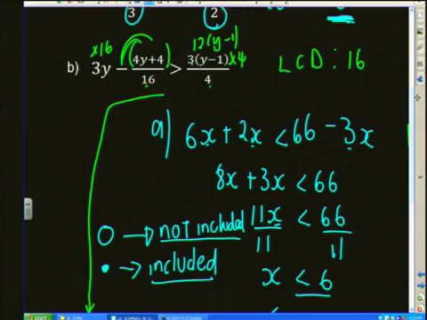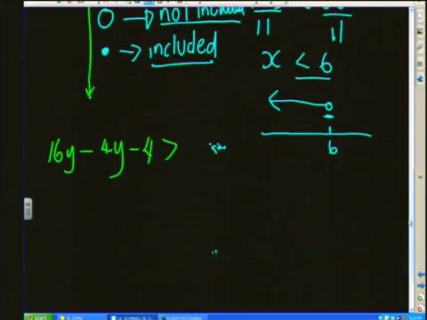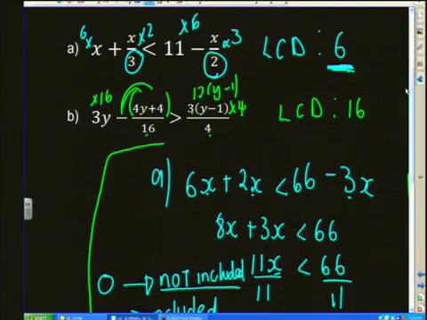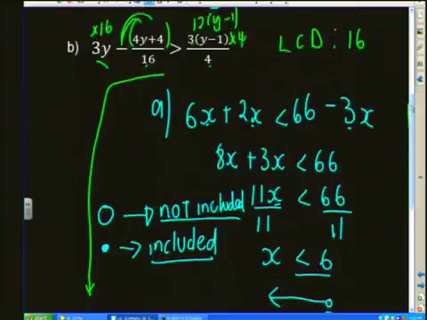So we're going to multiply that into the brackets, so I get 12y minus 12. Let's just go back up there. I found an LCD of 16, multiplied the first term by 16, so I get 48y, multiply the negative into the bracket, and then times the 4 into the bracket on the right-hand side.